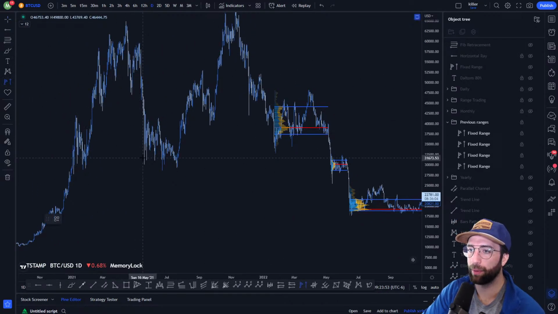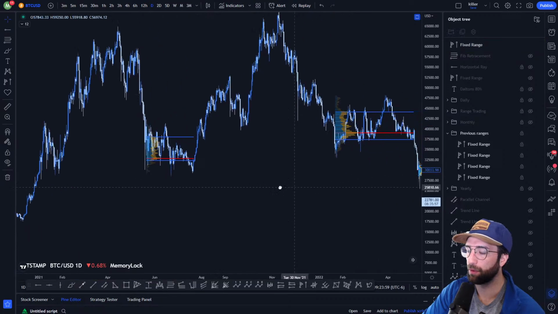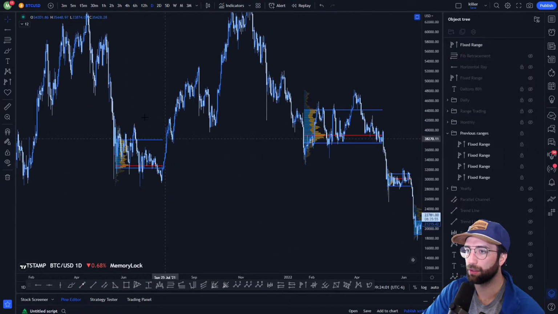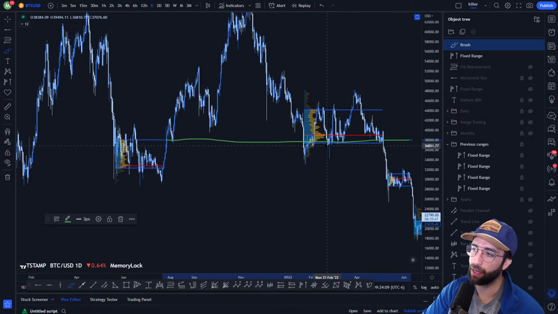So this would be another one. If you wanted to go further back, you could draw the summer of 2021 here, and use that as a place to look for added confluence. And if we draw the value area high over, we can see that the value area high almost one year later was acting as support. This zone worked. It acted as support, right?